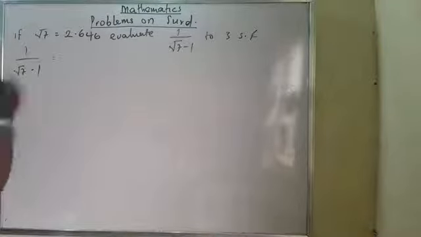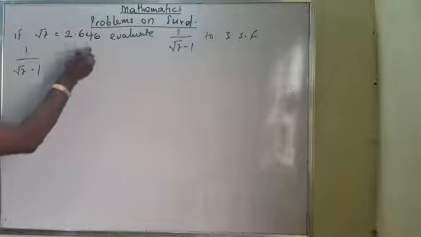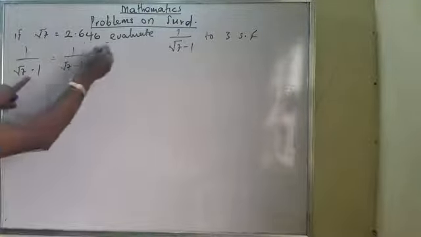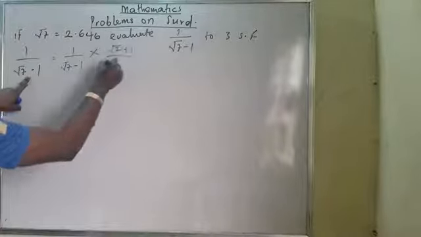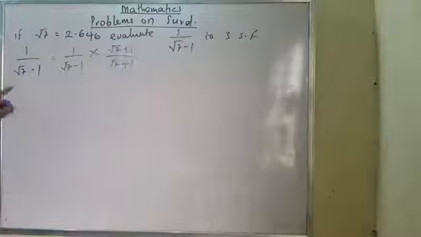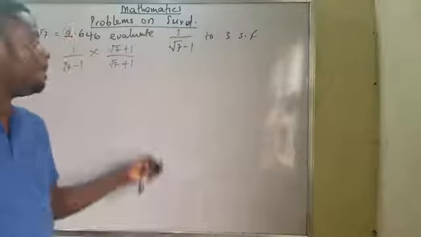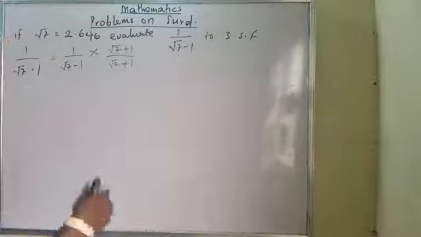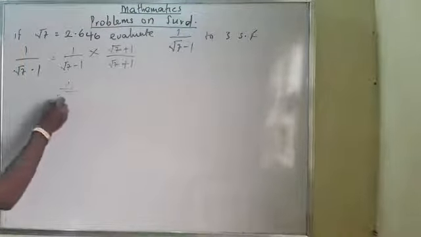It means it will be equal to 1 all over root of 7 minus 1 multiplied by root of 7 plus 1 divided by root of 7 plus 1. Rationalize means you are multiplying the function by 1, because you can cancel this one, it will give you 1, the identity. Now, it means 1 all divided by root of 7.